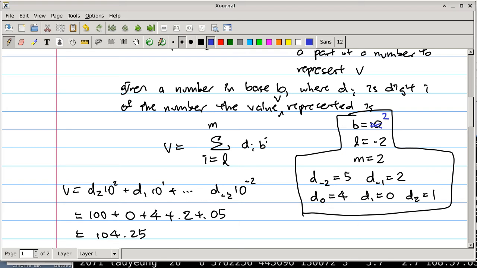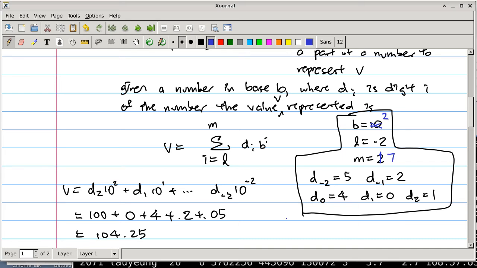Actually, in this case, l is okay to be -2, but m has to change. It's okay to make it more than what it needs to be, because we don't need to use all the digits. So I'm just going to change this to a tad more than what it needs to be, which is 7.